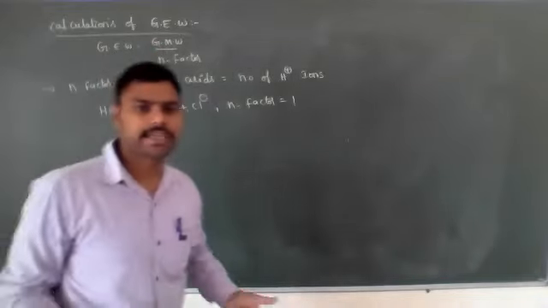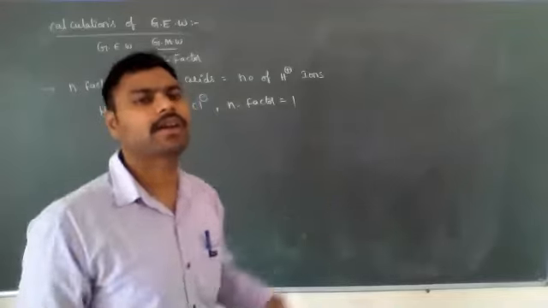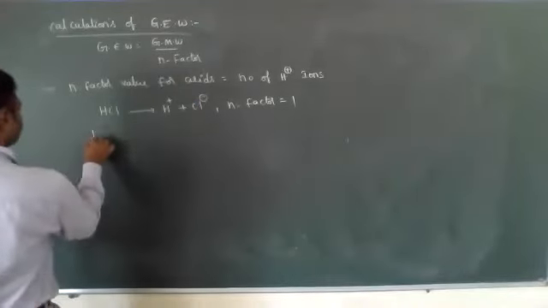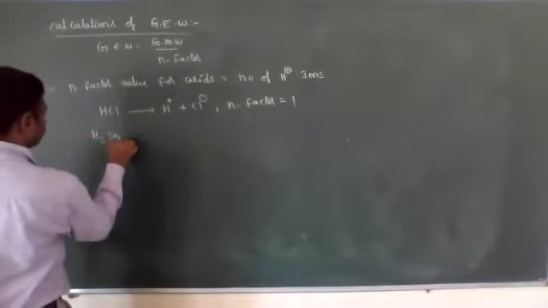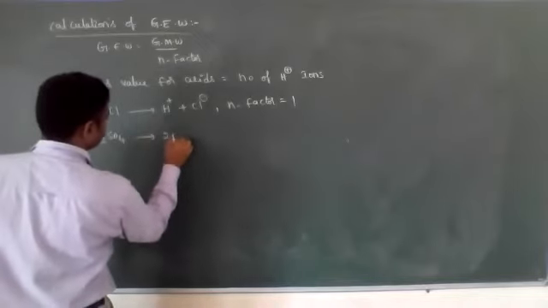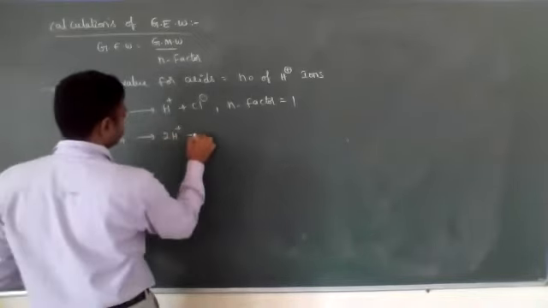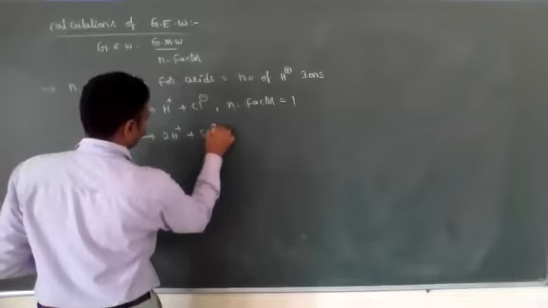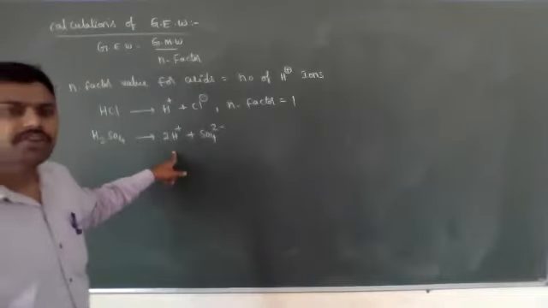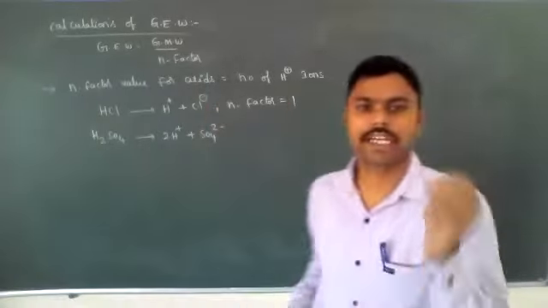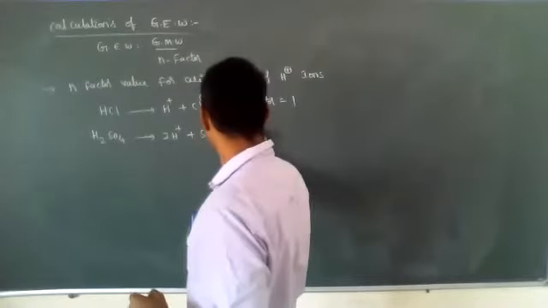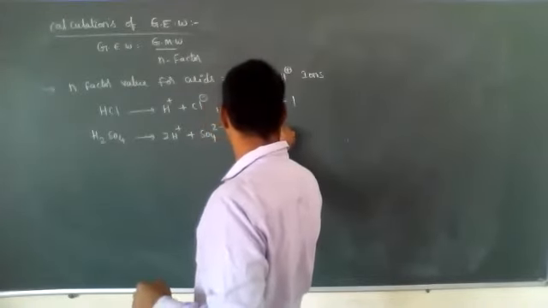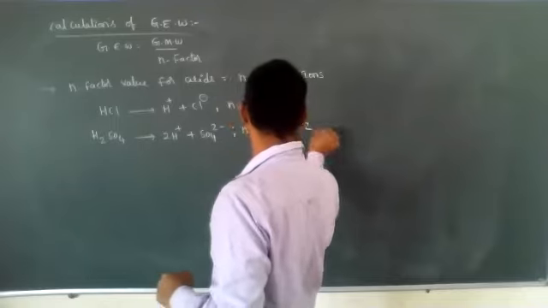If n factor is 2, gram equivalent weight is equal to gram molecular weight by 2. For example, H2SO4, sulfuric acid, gives 2H plus plus SO4 2 minus, meaning sulfuric acid can give 2H plus ions. That's why its n factor is equal to 2.